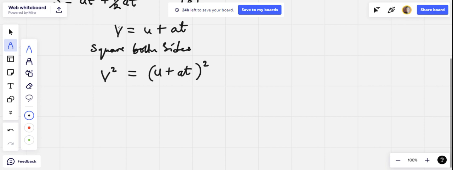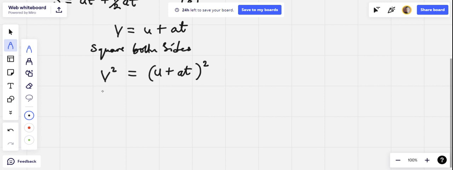So when you say square both sides, that means all the terms here, you combine as one and square. However, there's only one term on the left-hand side, V, so we square it. Then you do the same thing on the right-hand side. However, there are how many terms on the right-hand side? 1, 2. So you bracket it as one entity and square it. That will keep the equation balanced.